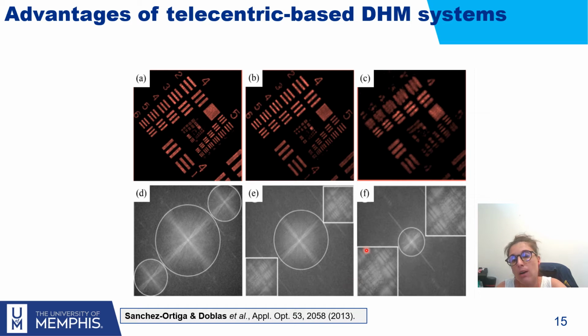So if your quadratic phase factor is bigger, to avoid distortions coming from the DC term, you need to reduce the pupil of your microscope objective lens, which results in a reduction of the resolution capability of your system. That's what we can see here in the top row.